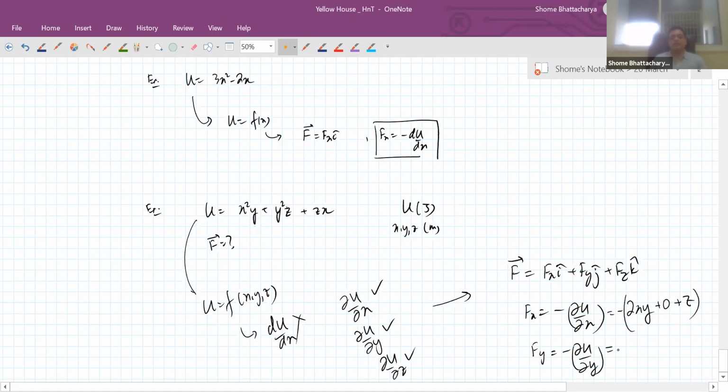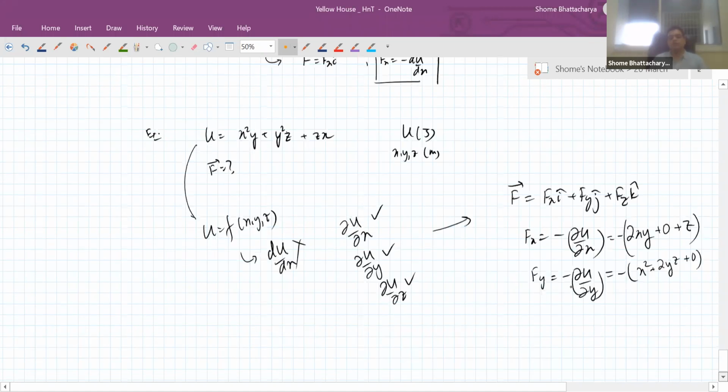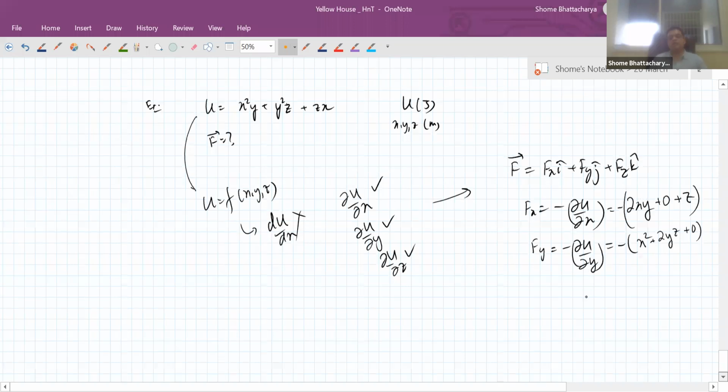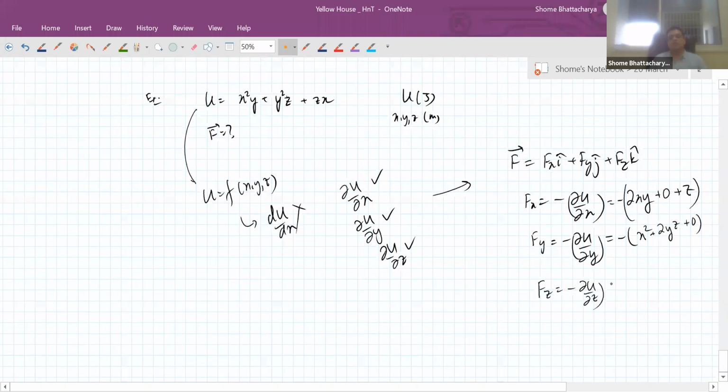In the second term, now differentiate this with respect to y as if x and z are constants. The first term will give us x square. The second term will give us 2yz. The third term will give us 0. Similarly, the z component of force will be minus del u by del z, and that will be minus of, the first term will now give us 0, the second term will give us y square, and the third term will give us just x.